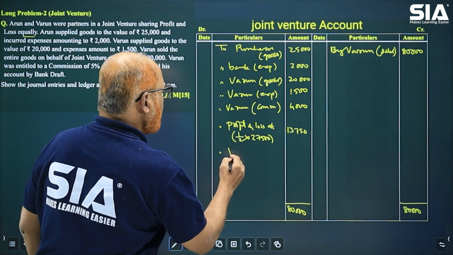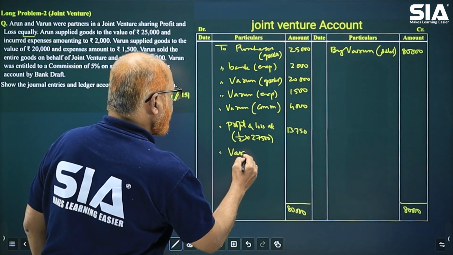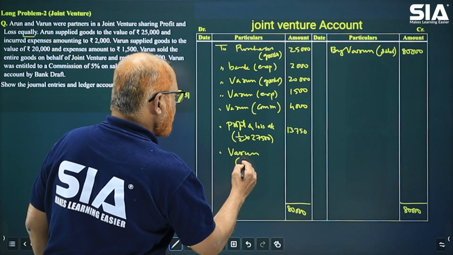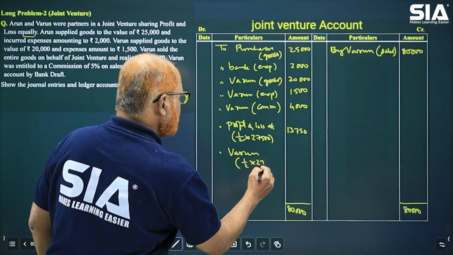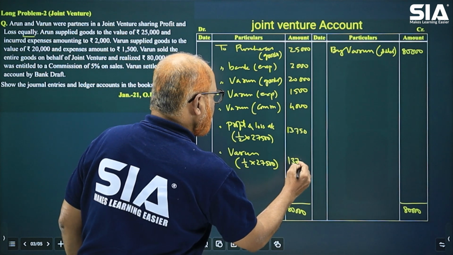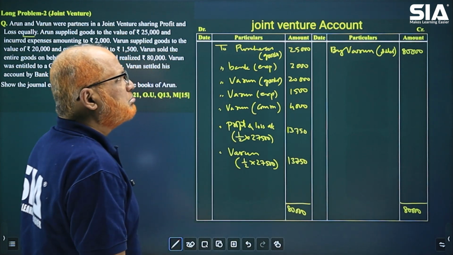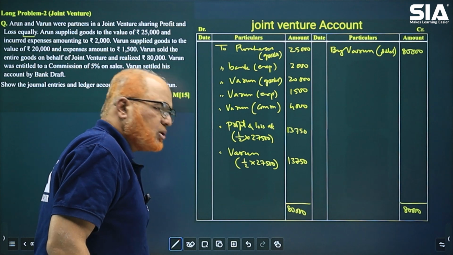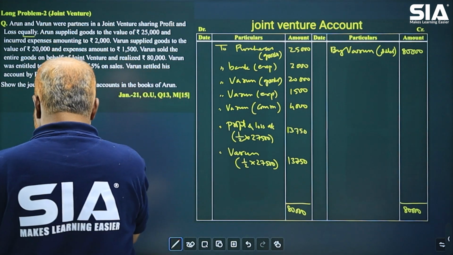Similarly, to Varun, 1 by 2 into 27,500, 13,750. That's it. So joint venture account is closed, but we will pass one entry for this one.